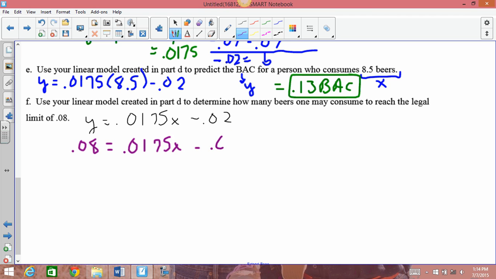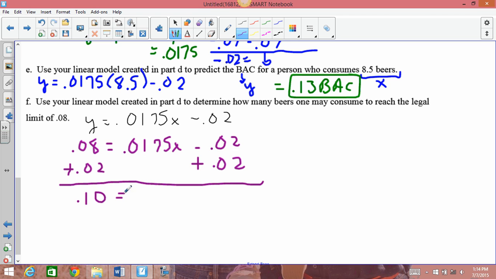0.0175x. You want to solve for x, so you want to get letters on one side, numbers on the other, so I got to get closer and closer to getting this x all by itself. So I'm going to take 0.02 to the other side, do the opposite. Since it's subtracting 0.02, you add 0.02. That's going to give me 0.10 or 0.1.